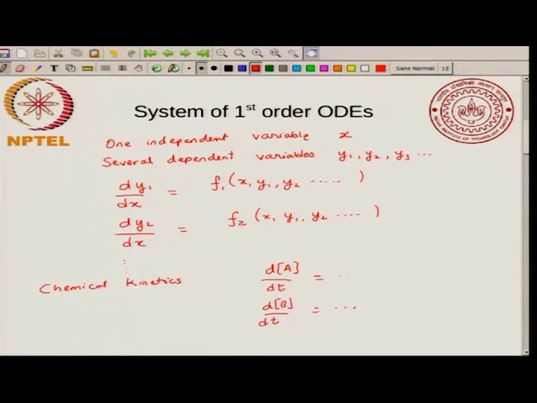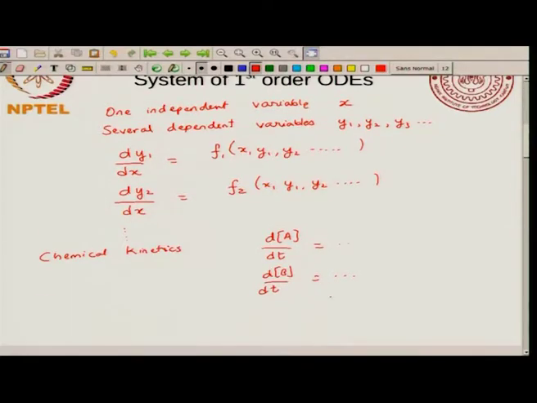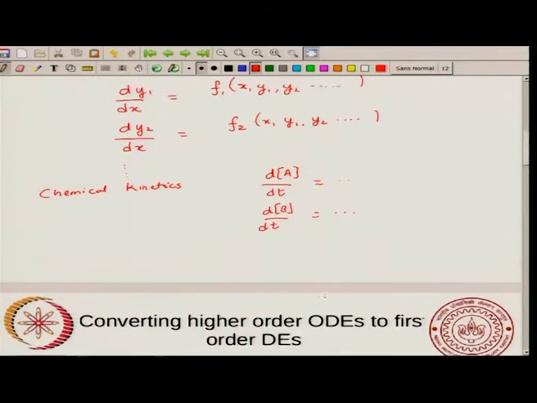So, we often encounter such systems, especially in chemical kinetics, but also in several other areas. Now, we will look at a particular class of equations called linear first order differential equations.